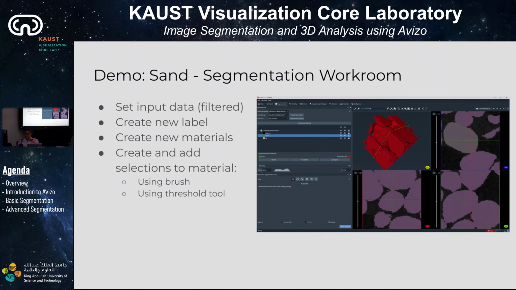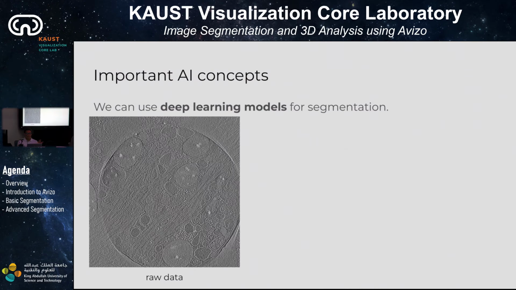So I mean, before I go back to Avizo, as I said, the examples that I showed so far are super easy data sets. So the next data sets we'll look at, something like this. Yeah, so this is a cryo-EM data set of a cell. This is more tricky, right? So even for a human, I would say this is pretty difficult to segment.